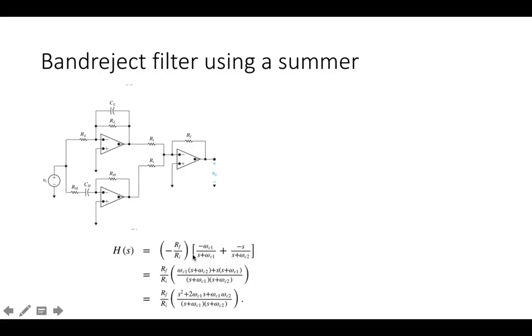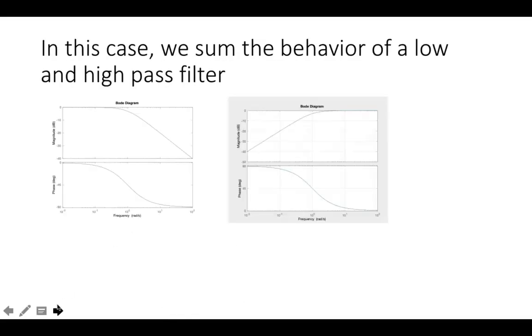So if you write that down, here's our low pass filter transfer function, here's our high pass filter transfer function. We're adding them together, and if we do some simplification, we end up with the transfer function shown in this figure. So basically what you're doing there is you're taking this one and adding it to this one, and the cutoff frequency here on the high pass filter is at a higher level.